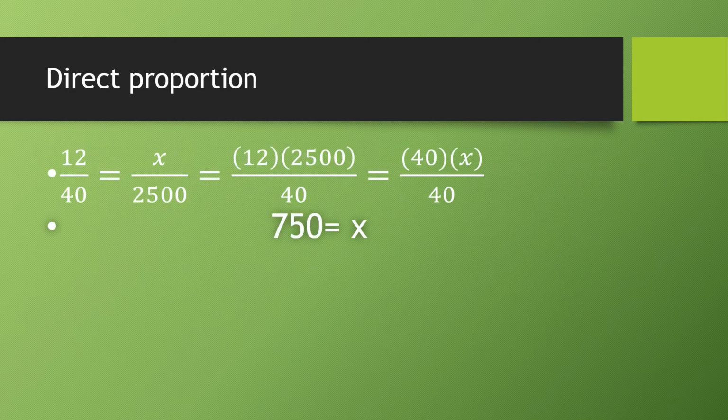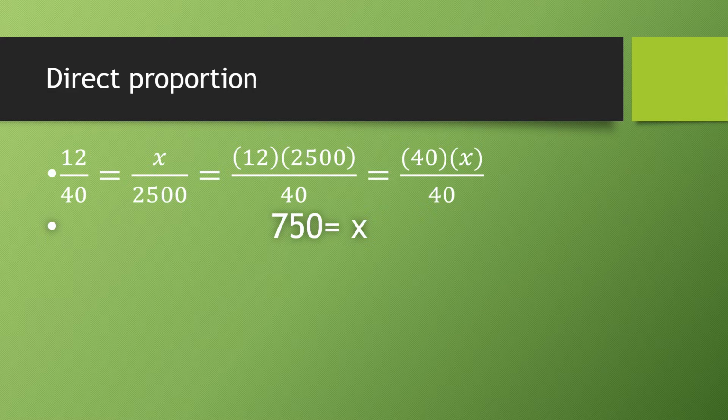Okay, now, from the given example, we have 12 over 40 is equivalent to x over 2,500. Again, the first thing you have to do is use the cross multiplication method. By multiplying 12 by 2,500, and on the other side, 40 times x.